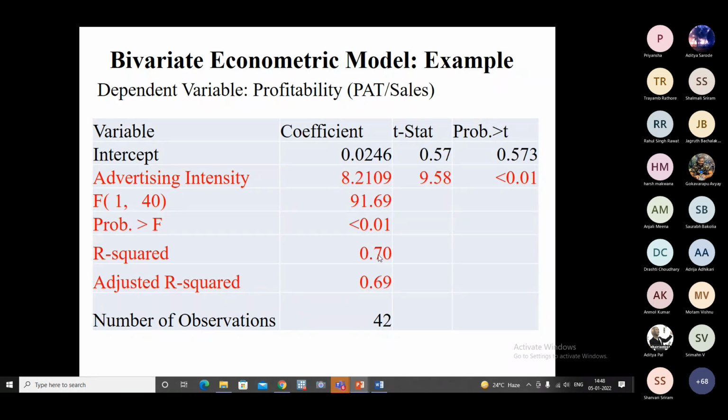And when I use profit after tax to measure profitability, I get R square value 0.70. Of course, both the models are statistically significant. In both the cases, we see that advertising has significant impact on profitability. But when I'm using profit after tax by sales as the dependent variable, the R square value is 0.70. And when I'm using profit before tax, the R square value is 0.19.